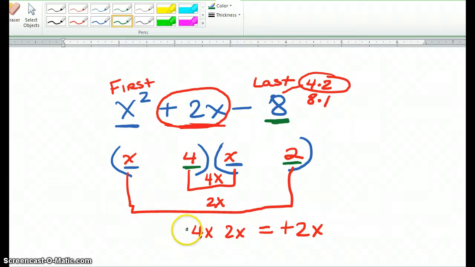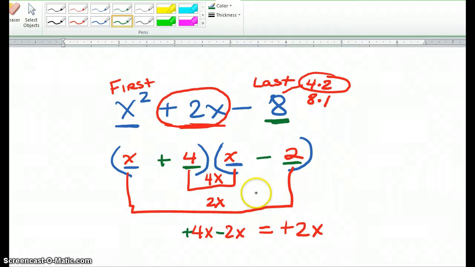So that means the 4 would be positive and the 2 would be negative. So 4 minus 2 gives you 2, and it'll be positive 2. So that means the sign on the 4 will be positive, and the sign on the 2 will be negative.